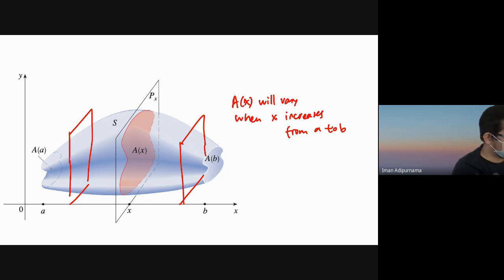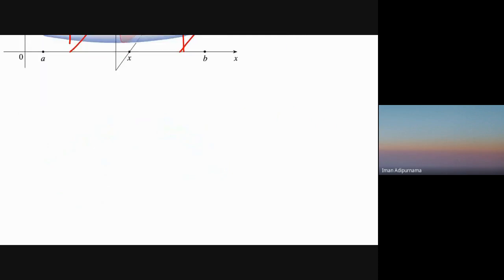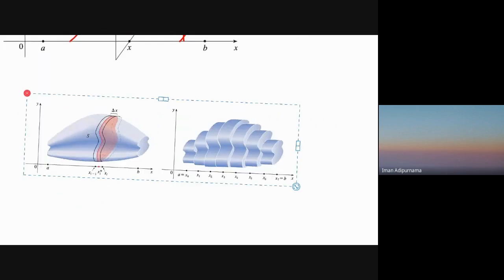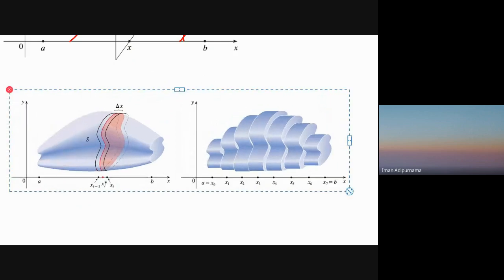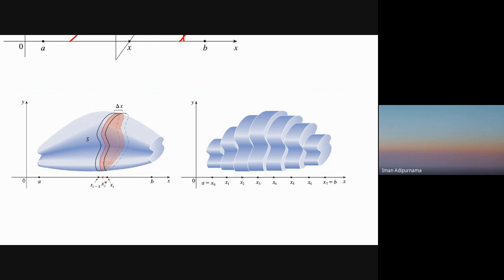Now imagine this is like a bread, like a bun. So you buy a bun and then you cut, you cut, you cut, and eventually what you will see is similar to what we have studied. We have a delta x, but now we have a 3-dimensional structure or solid.